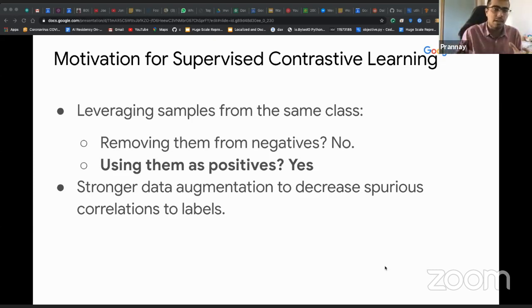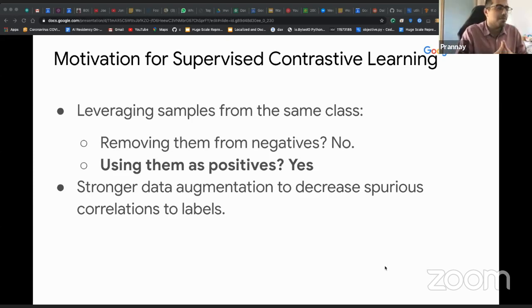The answer is no. It does not lead to a great boost in performance. And our running hypothesis is that you actually do need to pull samples which belong to the same class together. There has been recent work which shows that there are other ways to get around this. But our way was to use them as positives: samples from the same class which are not data augmented versions of the anchor, you pull them closer to the anchor instead of just not pushing them away, if that's clear.